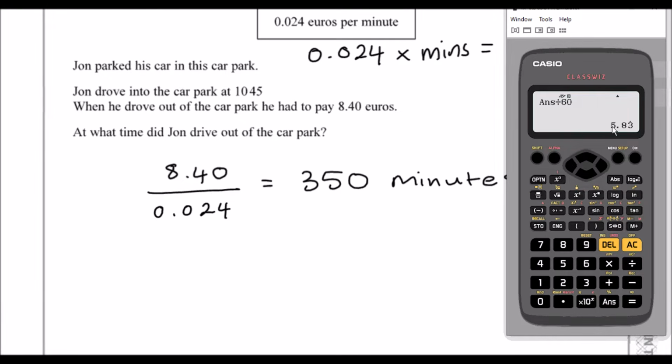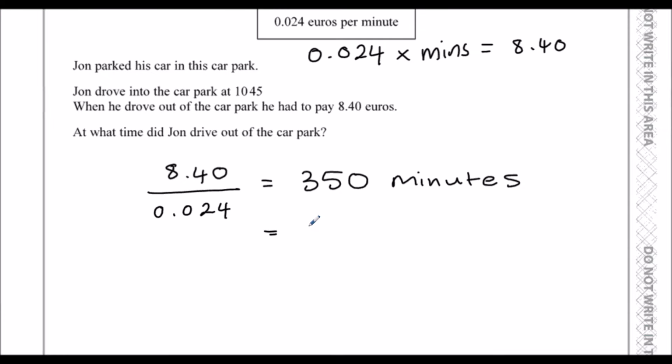So we get 5.83. So we press this button, 5 hours 50 minutes. So 5.83 hours or 5 hours 50 minutes.